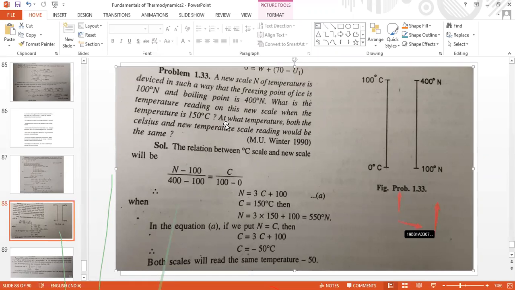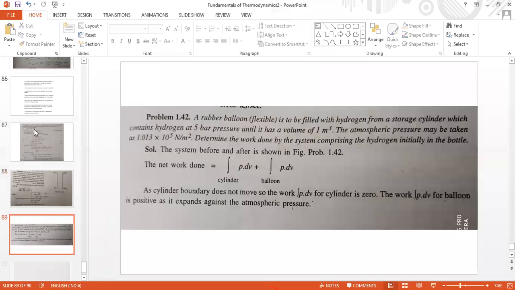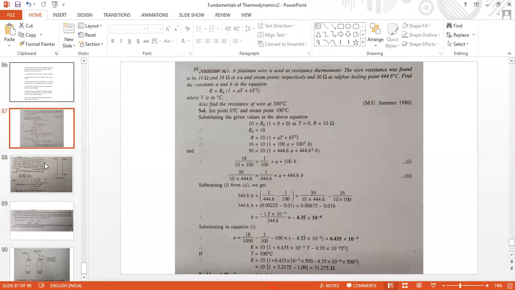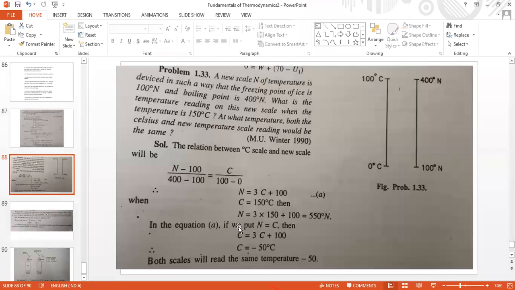And one more point is given: at what temperature would both the Celsius and new temperature scale readings be the same? That means if N is equated to C, put N equal to C in this formula.